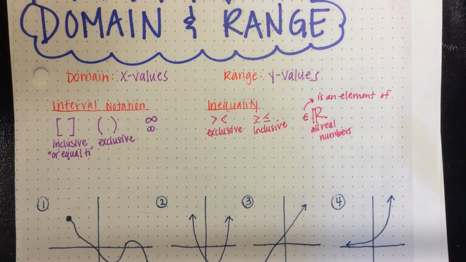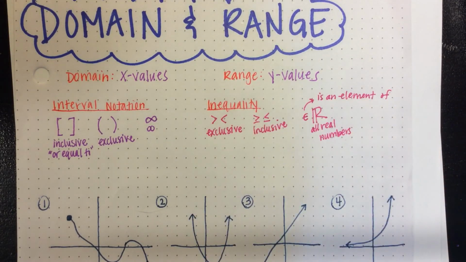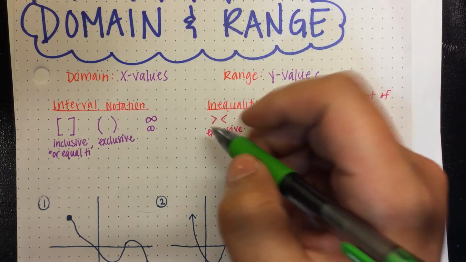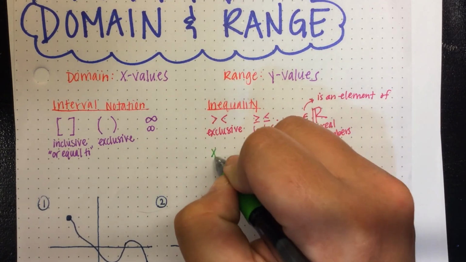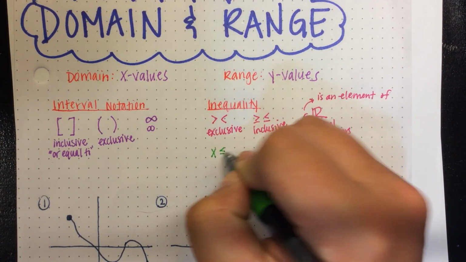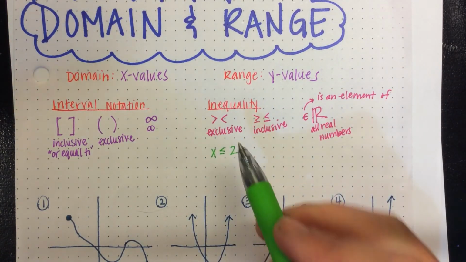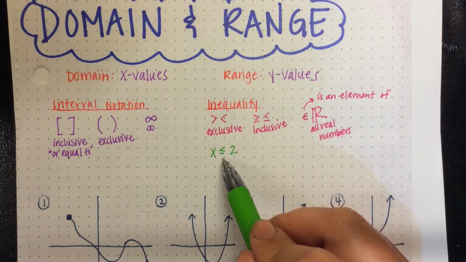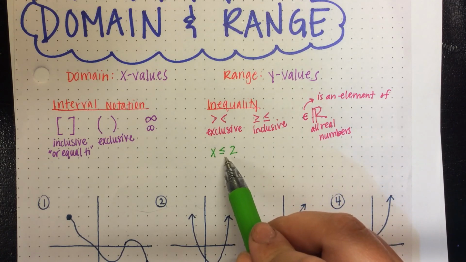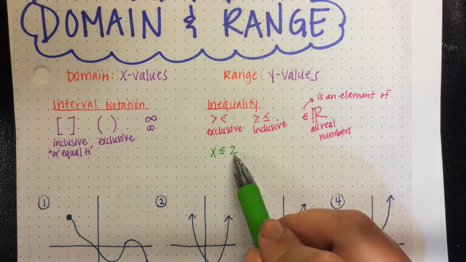All that sounds kind of silly, so we'll do a couple examples real quick before we get to our graphs. We'll start with the inequalities because those are a little easier to think of. If I was solving an inequality, like we did the other day, I would get down to something like x is less than or equal to 2. That means I want all of the x's that are less than 2, and it's including 2.